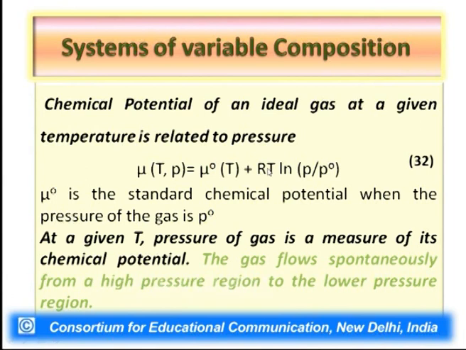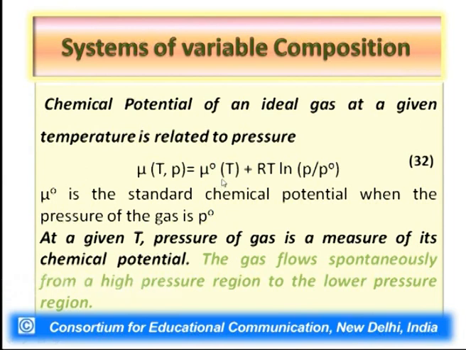If you remember, when we discussed the topic of criteria of spontaneity and equilibrium, we defined the chemical potential of a substance with the symbol mu, and for a gaseous system, in particular an ideal gas, the chemical potential at temperature T and pressure P is related to its pressure by this equation, equation 32, that is mu standard at T. Now if you please notice, mu standard in parentheses T has been written.